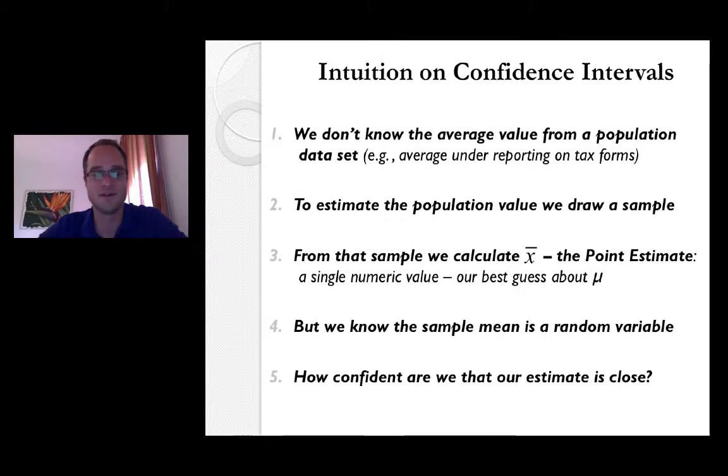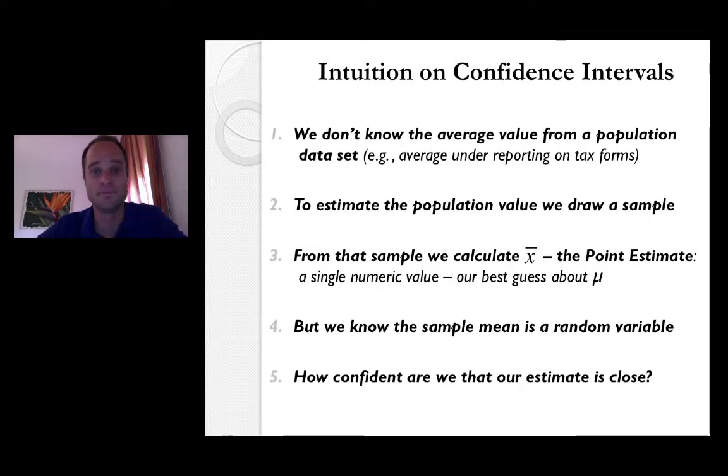This is a single numeric value that is considered our best guess about the population mean, mu. Recall that mu is the population mean. However, as statisticians, we don't just want to report that value and say, well, we don't know the population mean.